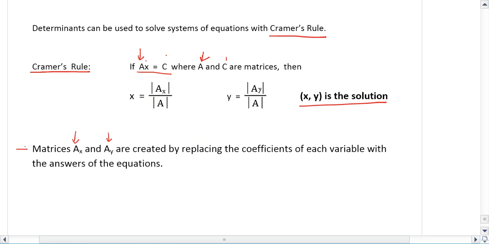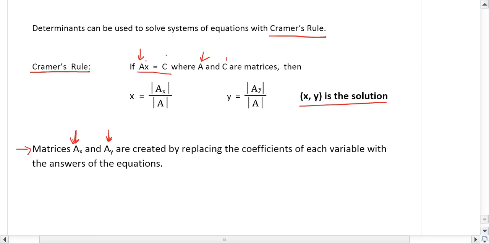Now, this sentence will be a little confusing when you read it here the first time, but after we do the example and then you go back and read it again, it'll make more sense. It's telling us how we build these two matrices. This is like when we put the two equations together in a system of equations. Remember, we did it by substitution or elimination, and I called it mushing them together. Well, creating these two matrices is the mushing together part.